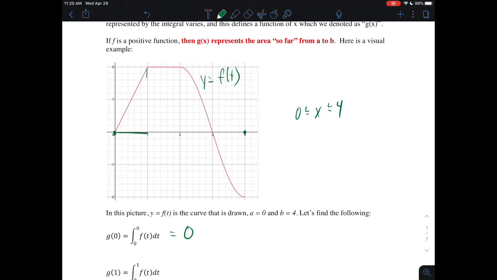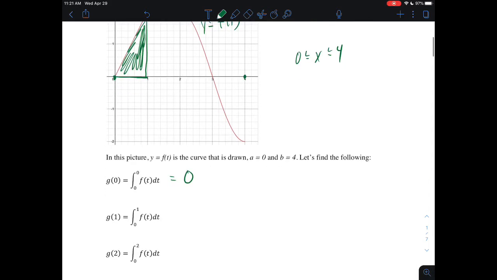If we look at this picture, this is just a triangle. So that would be 1/2 times base, which is 1 unit, times height, which goes up to 2 units. So that just becomes 1.